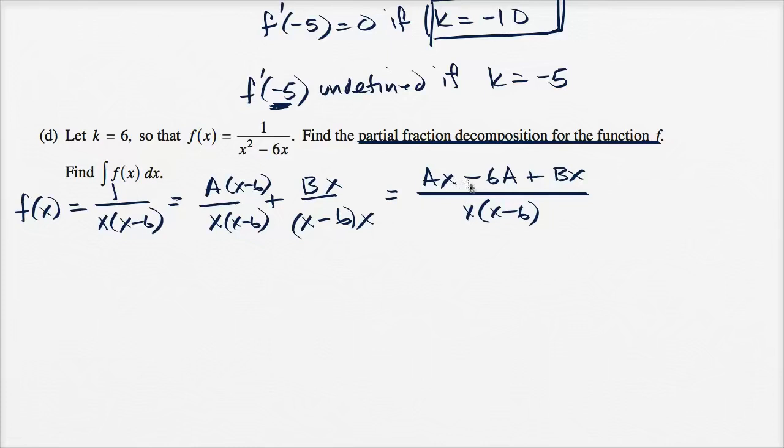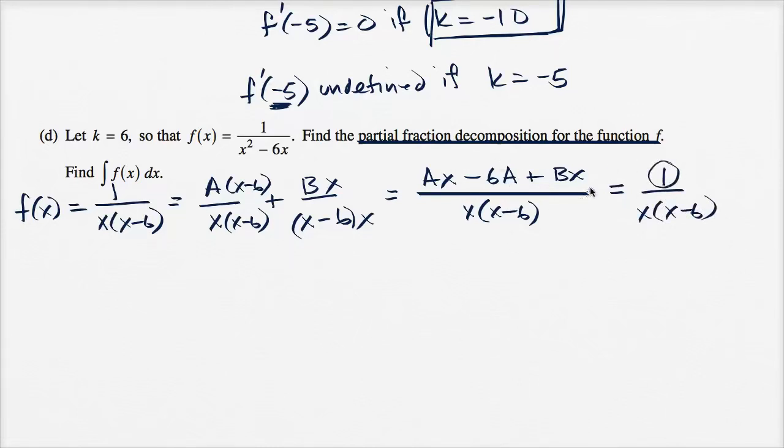All right, so what we want to do is solve for the a's and the b's. These have to add up to 1 over x times x minus 6. So the numerator has to add up to 1.